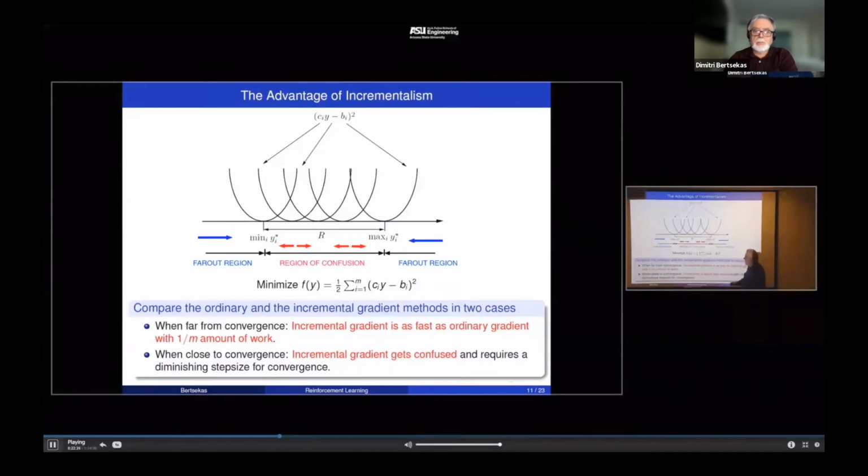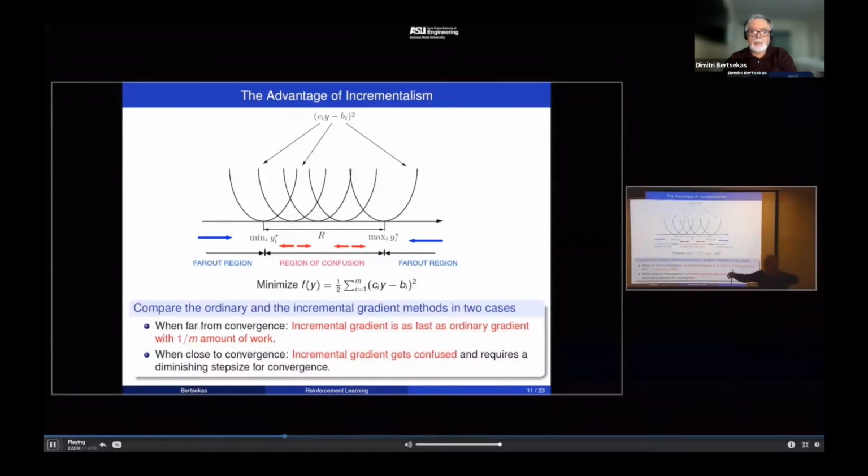Okay, but there is theory that guarantees this, and the theory is important, but you can see from this example what's the overall trend. It may be that this region is not too big, and even if you get here and you're getting confused a little bit, it doesn't matter to you. Once you're close, that may be close enough. Now, this is a one-dimensional example, but similar things happen for a multidimensional example.